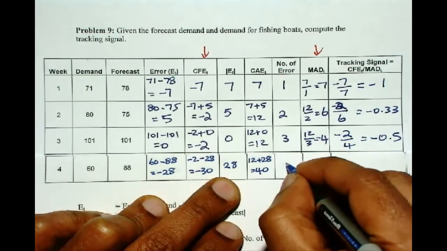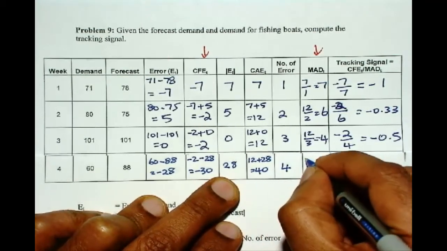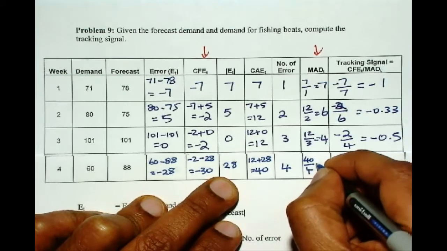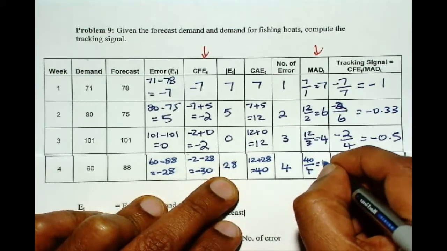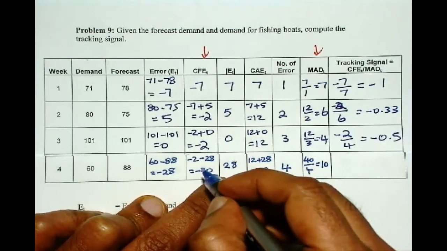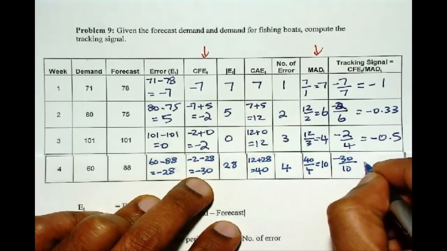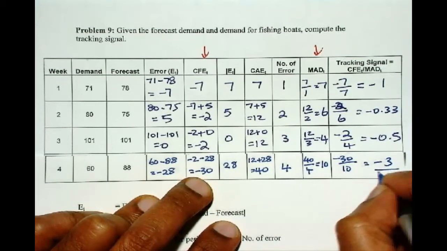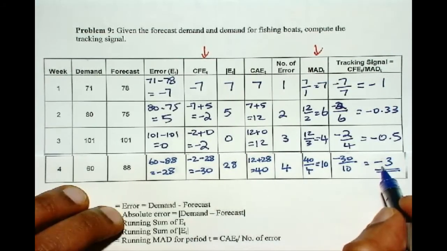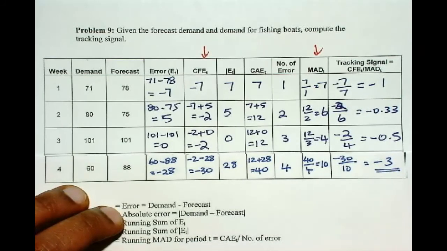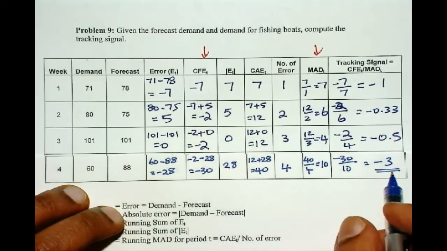The number of errors now is 4, so the MAD for week 4 is 40 over 4, equal to 10. The tracking signal is minus 30 over 10, equal to minus 3. If you have plus or minus 2 or even plus or minus 3, this would indicate that there is a problem with the forecasting. So intervention is then necessary.